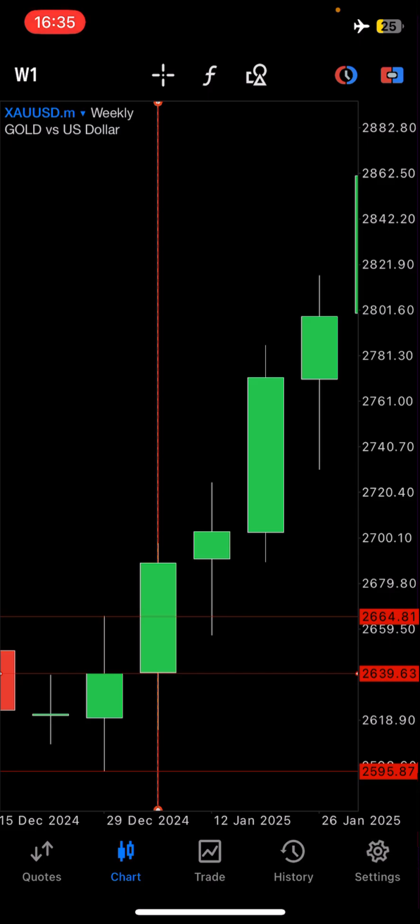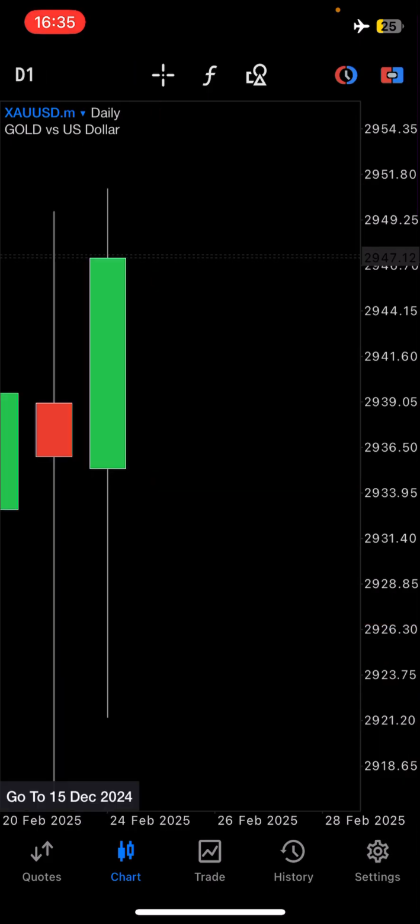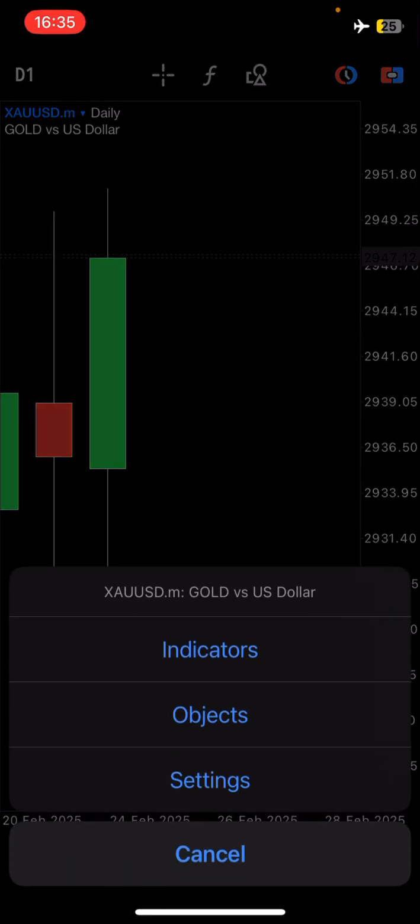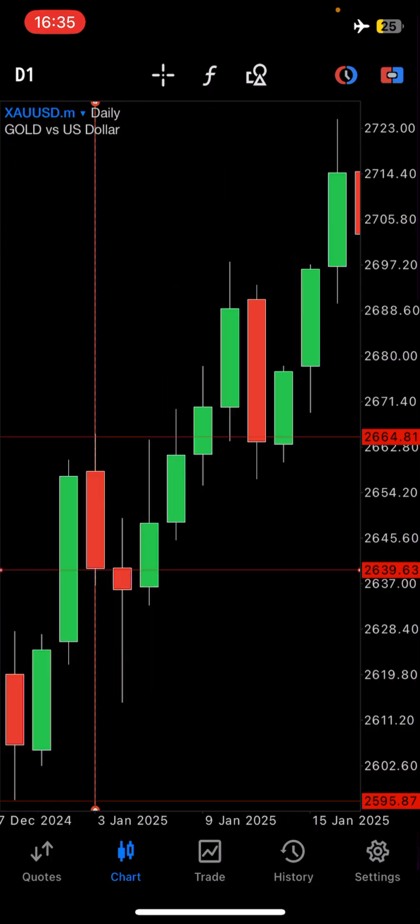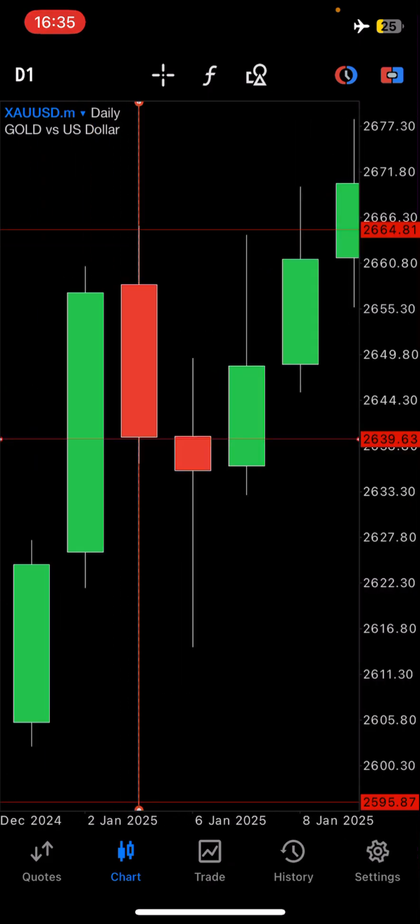After that, you are going to have to go to the lower time frame, which is the daily time frame, right? The daily time frame. So the vertical line represents when the week ended. So that vertical line is on a Friday of the previous week.